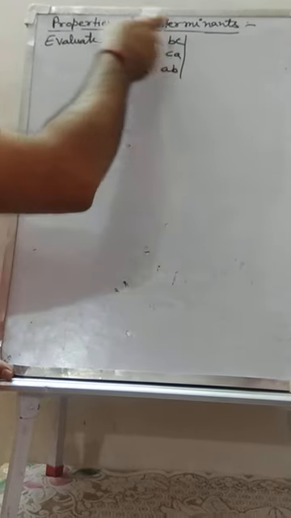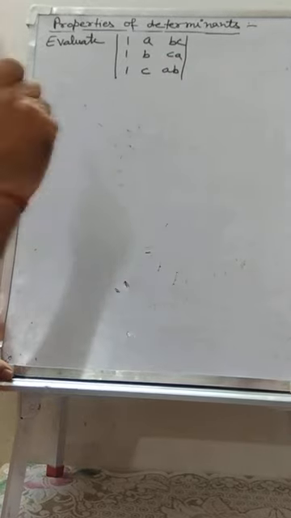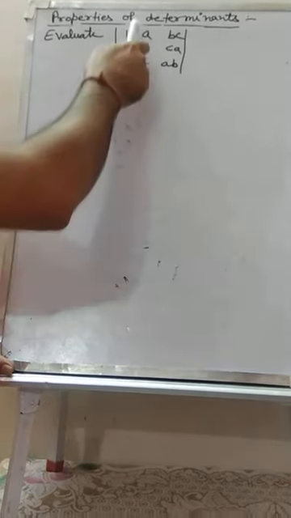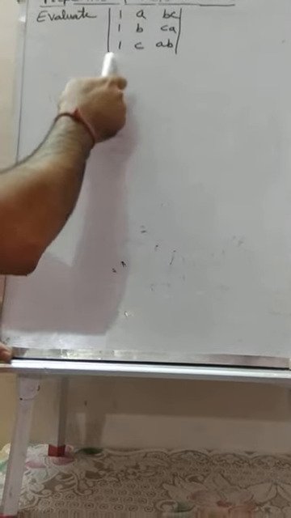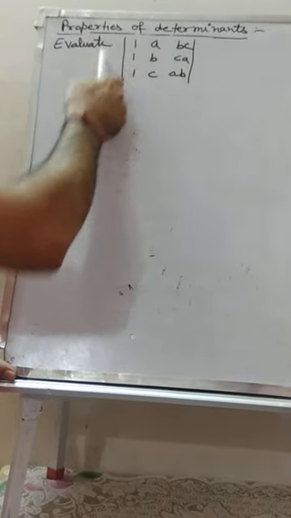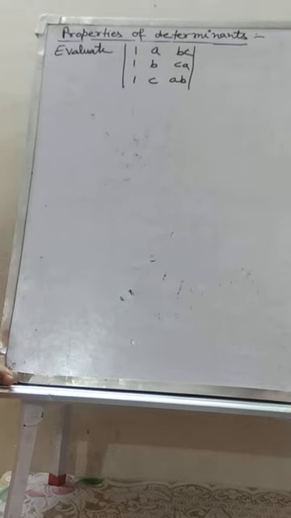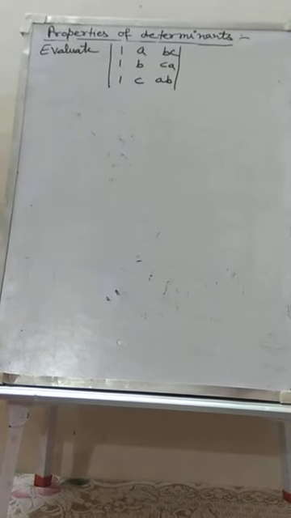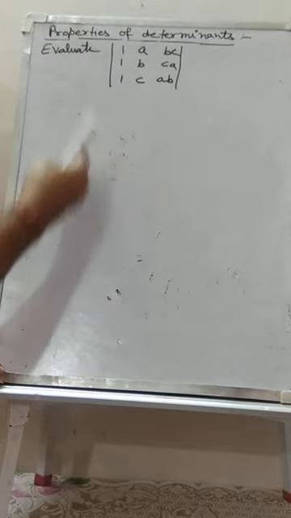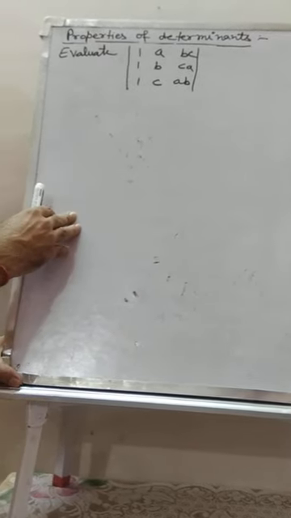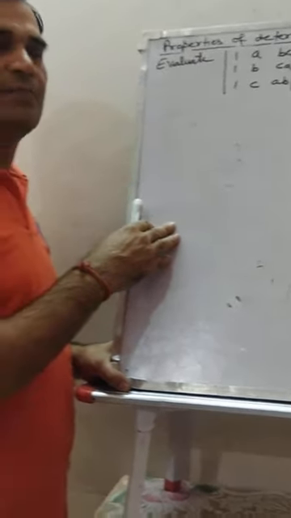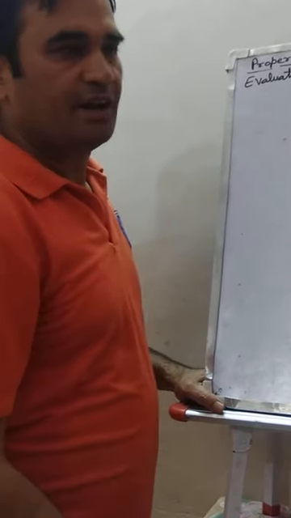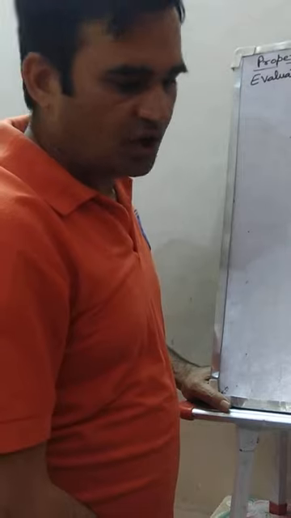To solve such type of problems, the first step should be to make any row or column 1 1 1. All the elements of a row or column, make them 1. Sometimes it may be converted by taking common, sometimes by multiplying by some scalar or otherwise.